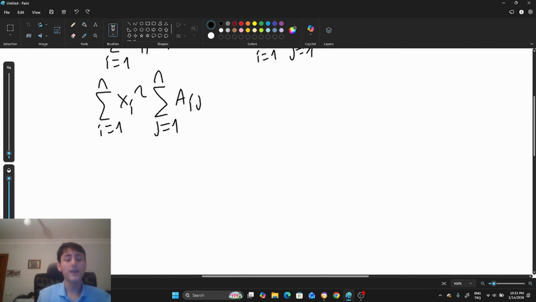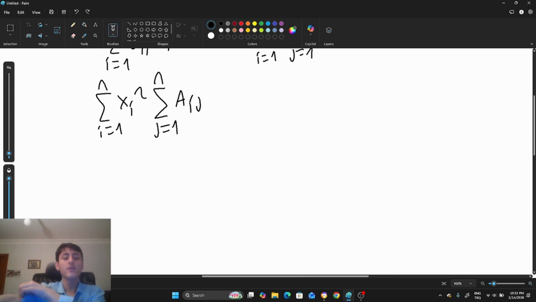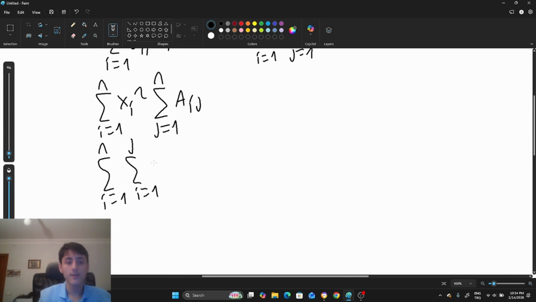And here, what we can do is pull the summation out. So we can write it as the sum from i equals 1 to n, sum over j of the adjacency matrix entry times xi squared.